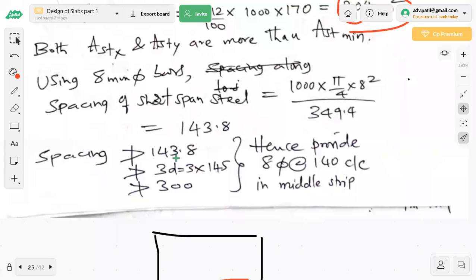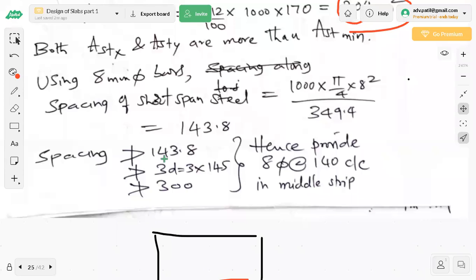What will happen if you choose 145 means the area available will be less than 349. You are reducing the area if the spacing is increased. So the bar should be as close as possible. If you cannot provide 143.8, you keep the round number 140, but don't go for higher values because you are spacing them more.